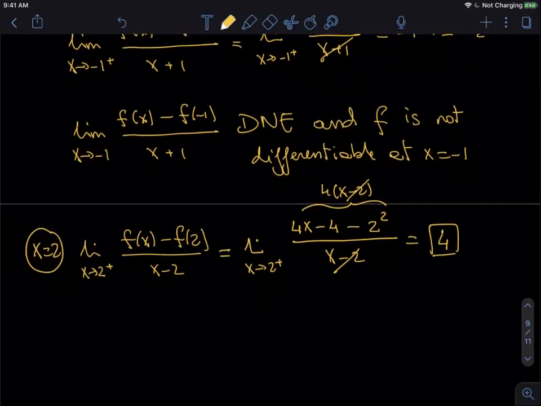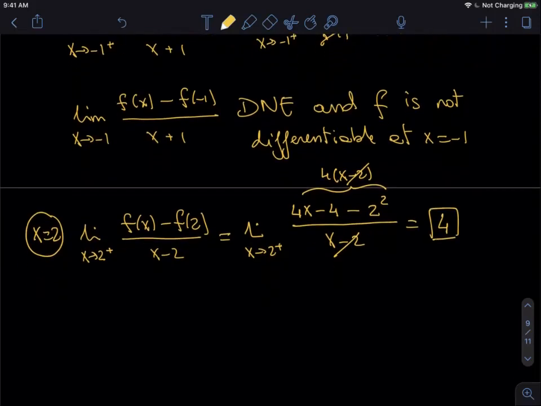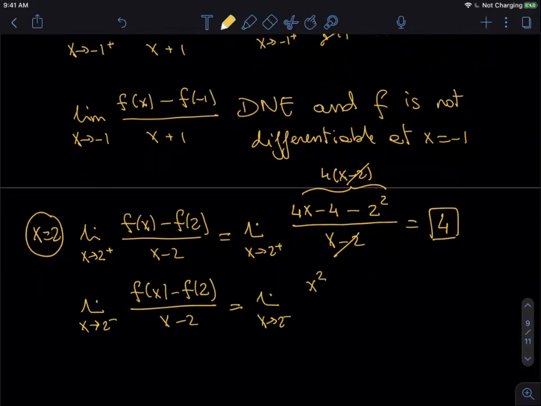And then when I compute the other side, x tends to 2 from the left, what do I get? From the left, we have x squared, right? Minus 2 squared divided by x minus 2. That is x plus 2 times x minus 2. So there is a cancellation.